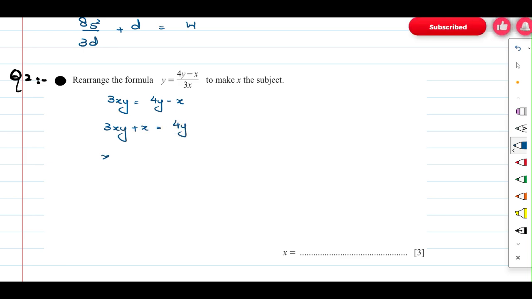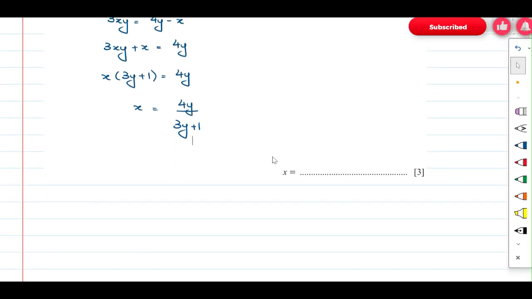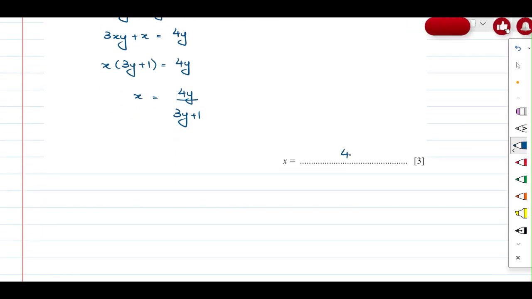Let me take x common. We are left with x times 3y plus 1 equals 4y, and so x equals 4y divided by 3y plus 1. So this is how we make x the subject, which is 4y divided by 3y plus 1.